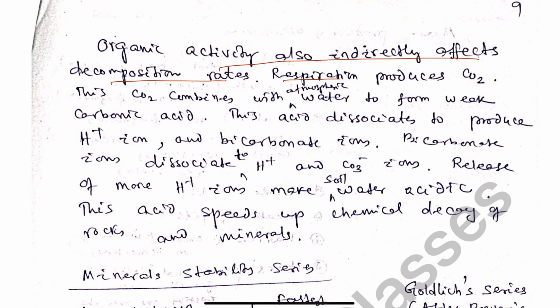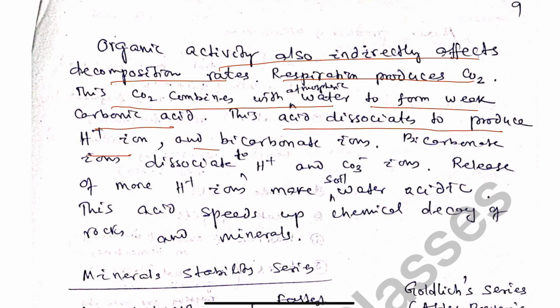What is that? The respiration produces carbon dioxide. Plants, through respiration, produce carbon dioxide. This carbon dioxide combines with atmospheric water to form weak carbonic acid. This acid dissociates to produce hydrogen ion and bicarbonate ion.